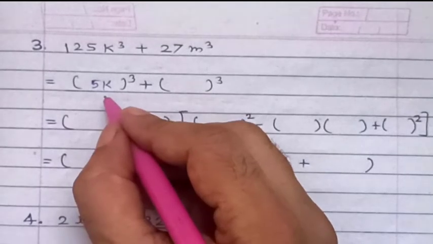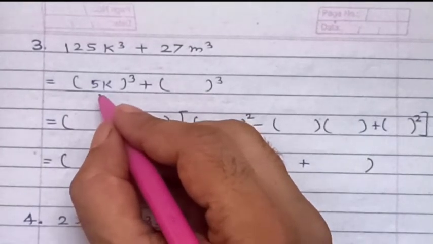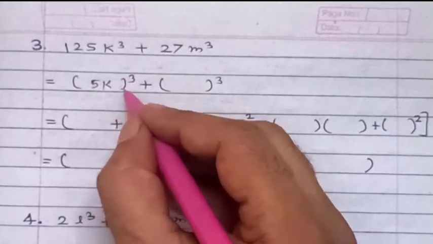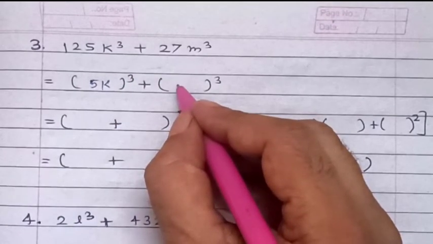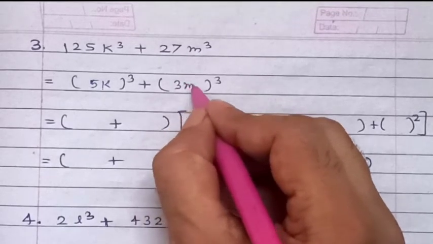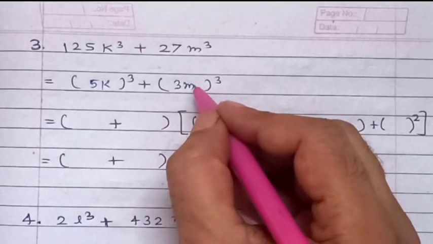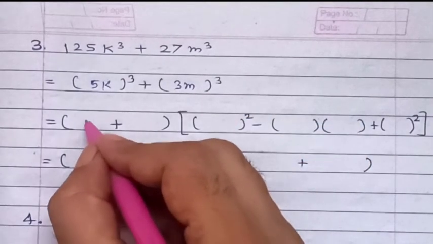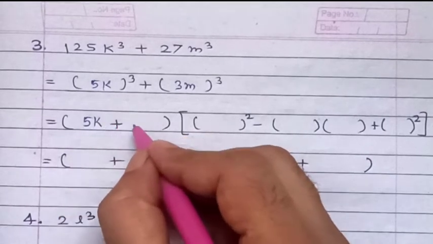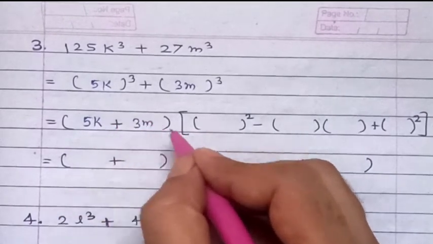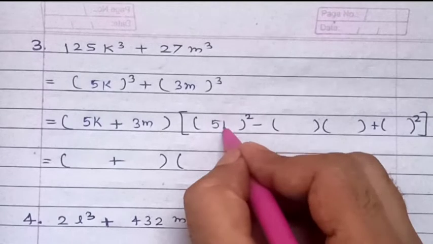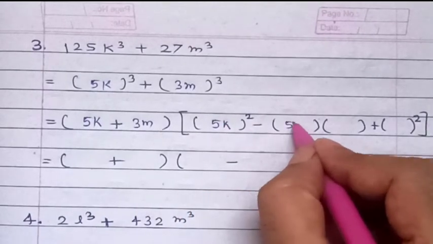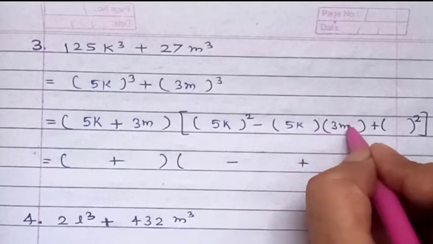Now 5 fives are 25, 5 fives are 125, so 5, and k into k into k is k cube, so (5k) whole cube, and 27m cube can be written as (3m) the whole cube. So you got two terms, 5k and 3m.